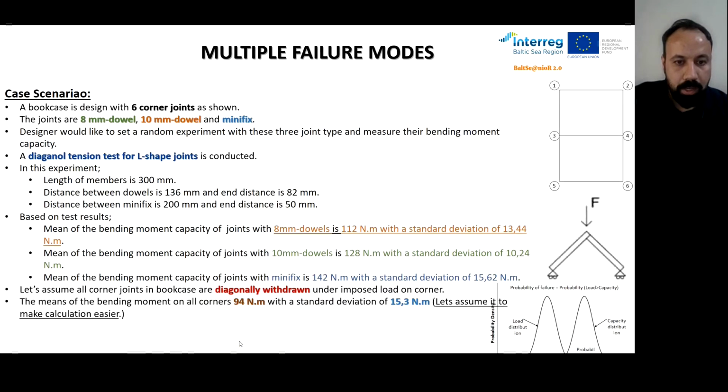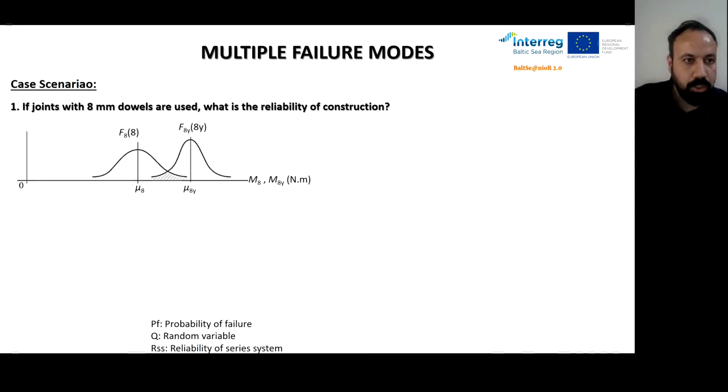So how can I calculate the reliability of a single joint and of the whole construction? Let's see it. If I use only 8 mm dowels in the joint, what is the reliability of the construction?